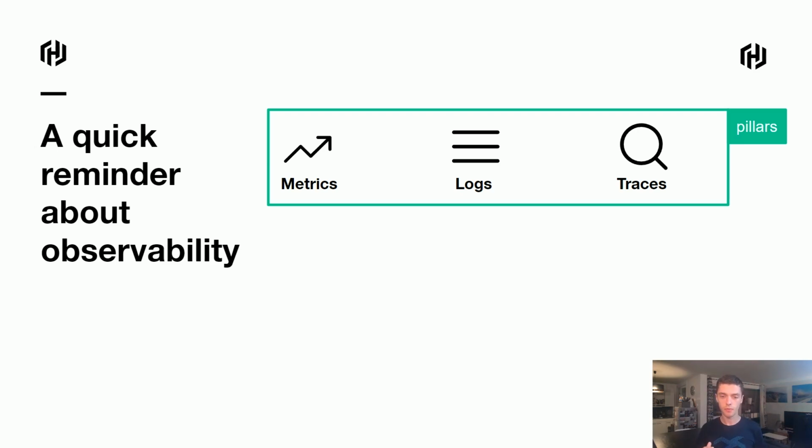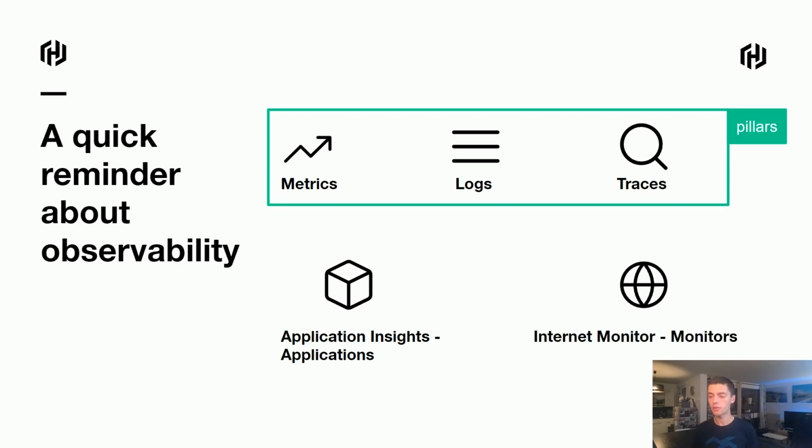But with CloudWatch we also have 2 other things. We have the application insights that we can send to CloudWatch Observability Access Manager, and we have the internet monitors. These are the 2 things that we can send. So what you can share from your tenant account to the observability account is the metrics, the logs, the traces, the application insights, and the internet monitors.